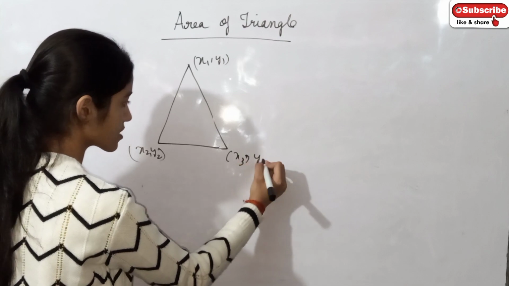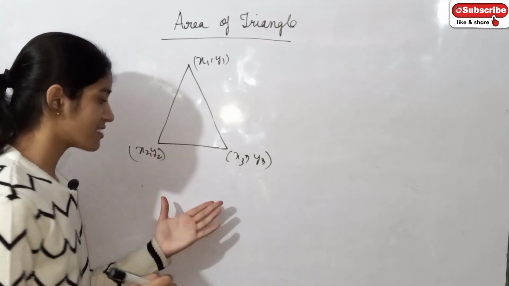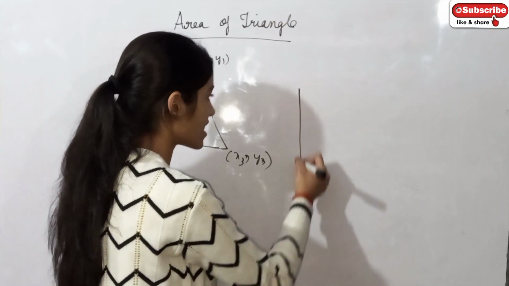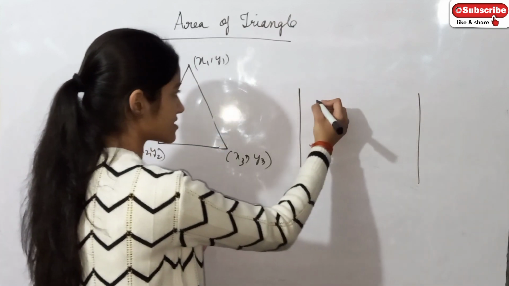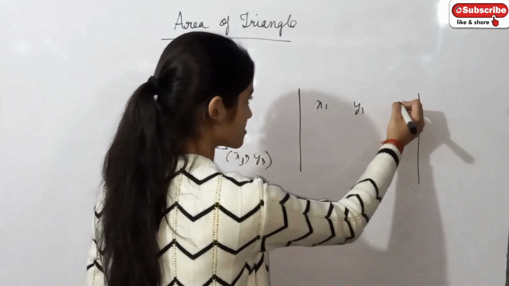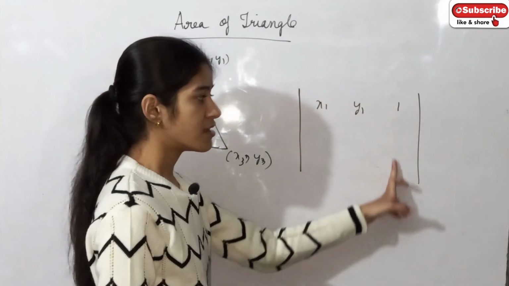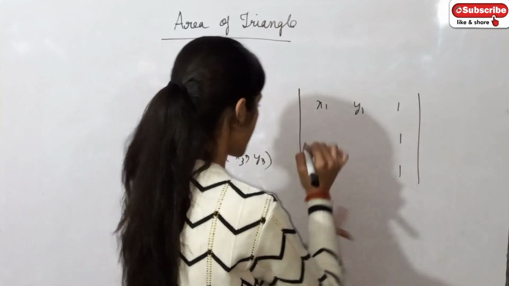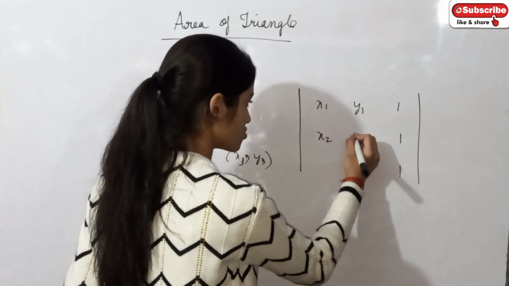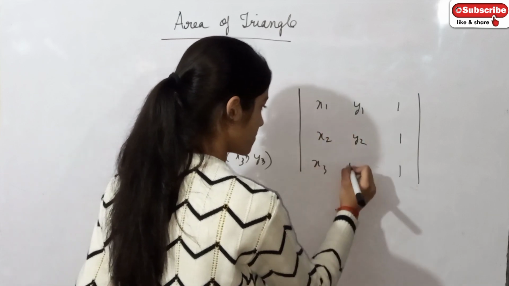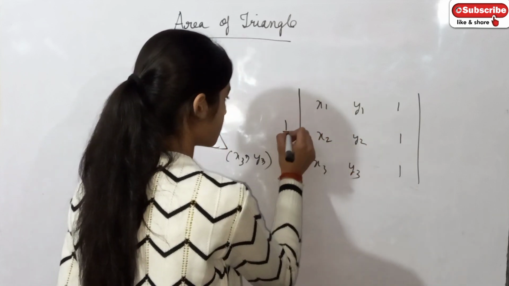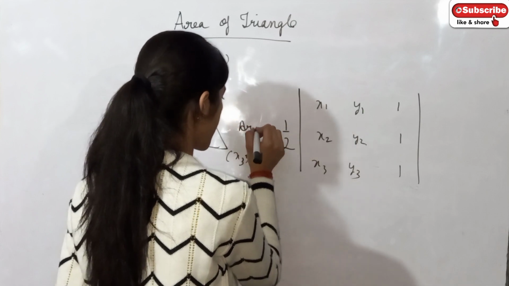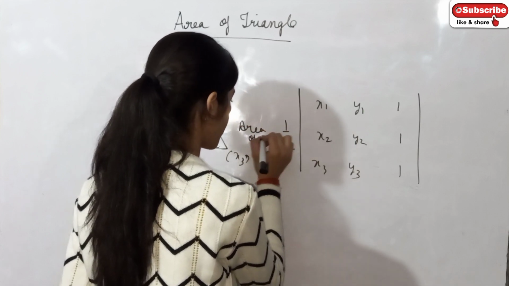Then with the help of determinants we can express this as half of the determinant with rows x1 y1 1, x2 y2 1 and x3 y3 1. This is the area of the triangle.